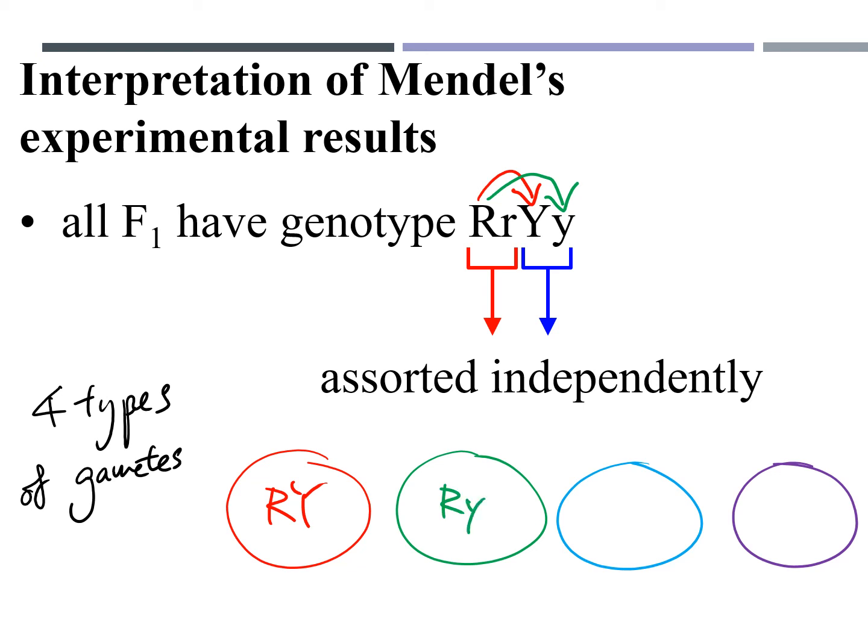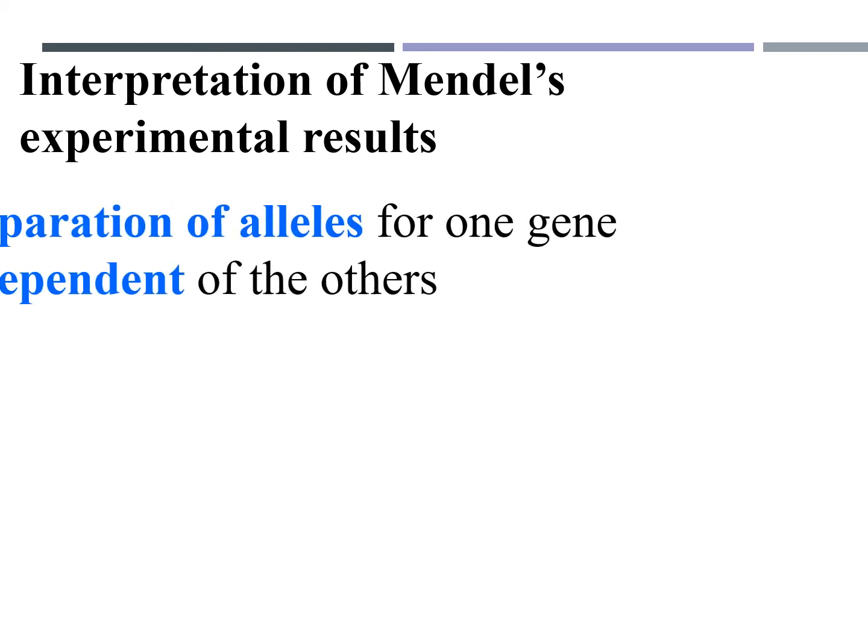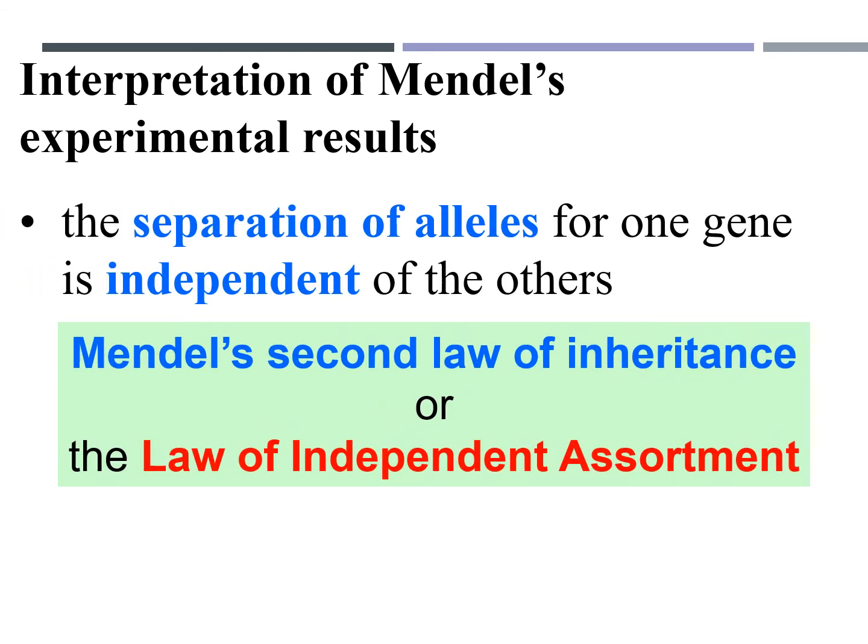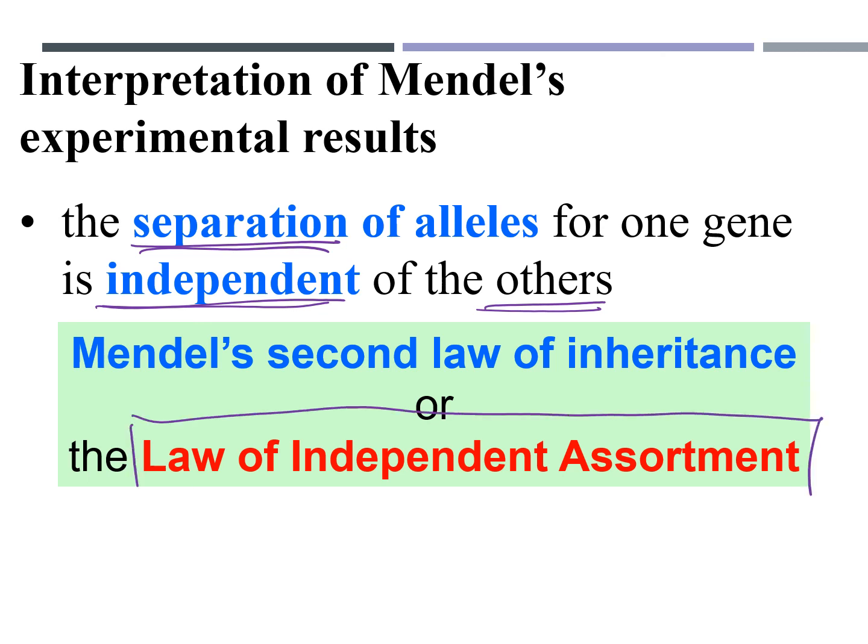And then the third type of gamete, small r, big Y. Last type of gamete, small r, small y. So overall, you now have 4 types of gametes. Because the alleles are located on different chromosomes, when they separate, they are independent of one another. So we call this the law of independent assortment.